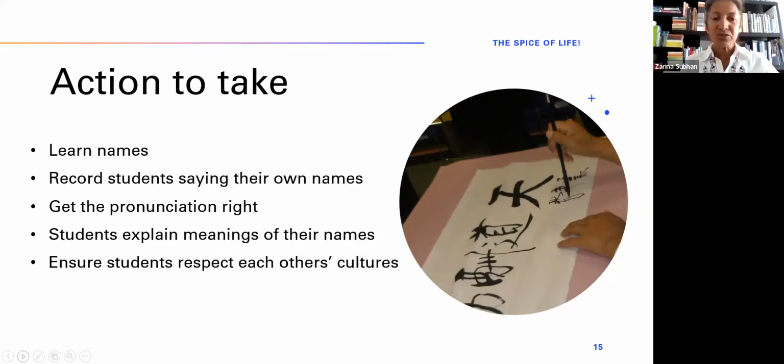And ensure students respect each other's cultures. Things may seem really strange to one nationality about another, but I think English language teaching has a really special place because you can help unite people from different parts of the world. They may have come in with one misconception or preconception about a group of people from another part of the world.